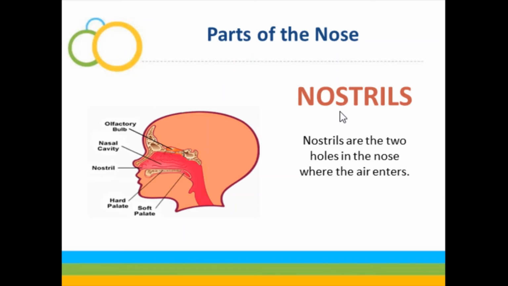The nostrils are the two holes in the nose that allow air to get inside our body. It is in the nostril where the air enters. Again, what part of the nose is this? Nostrils. Good job.